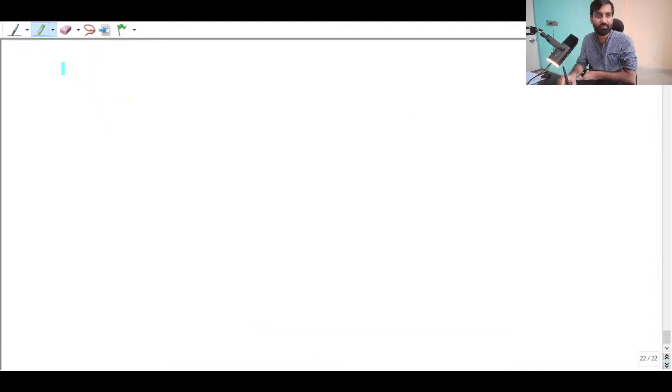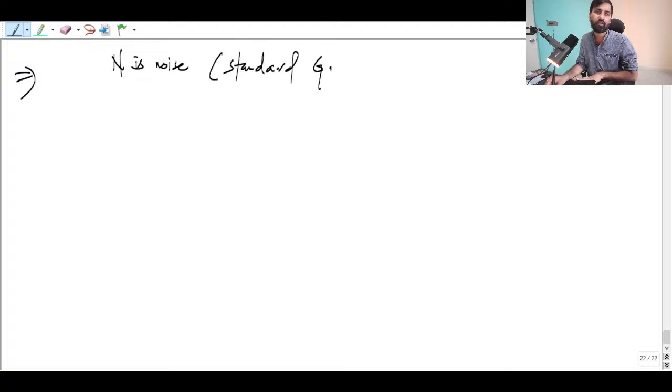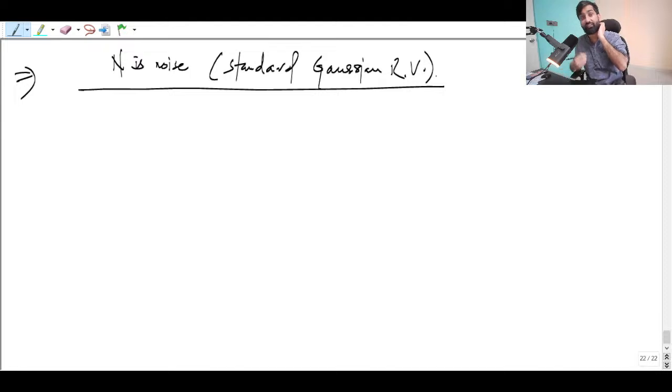आप दूसरे तरीके से भी सॉल्व कर सकते हैं. कैसे आप थॉट प्रोसेस कैसे डेवलप करेंगे? Suppose in place of n they have given n is the noise, which is a standard normal, standard Gaussian random variable, and in communication engineering, we call this noise white Gaussian noise.